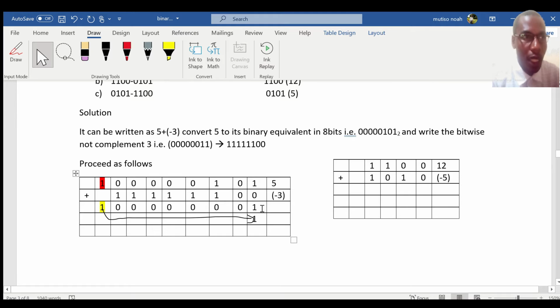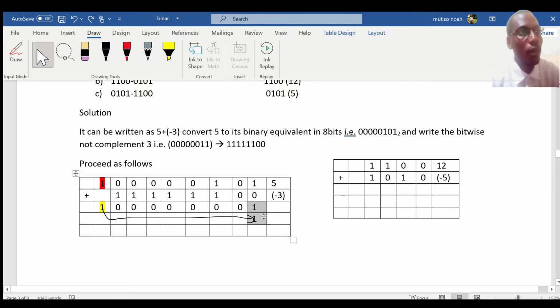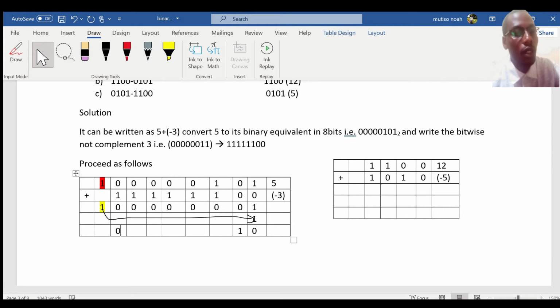I have to add 1 back to the result. That is 1 plus 1, which will give me 0. Then the carried 1 plus 0 will give me 1. 1 plus 0 is 1. All the others, I'm sure you can see they will be zeros, because it is 0 plus nothing.